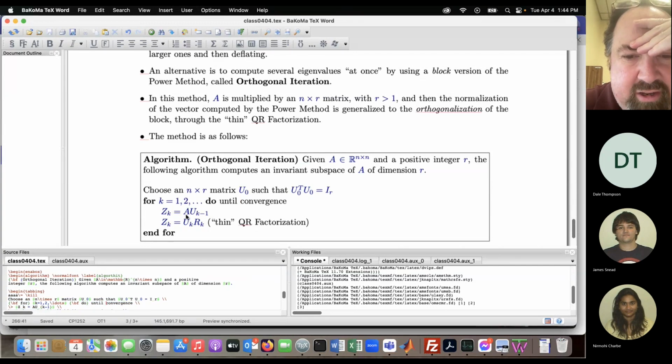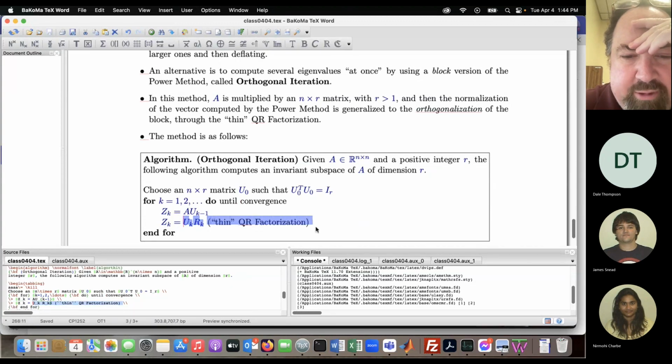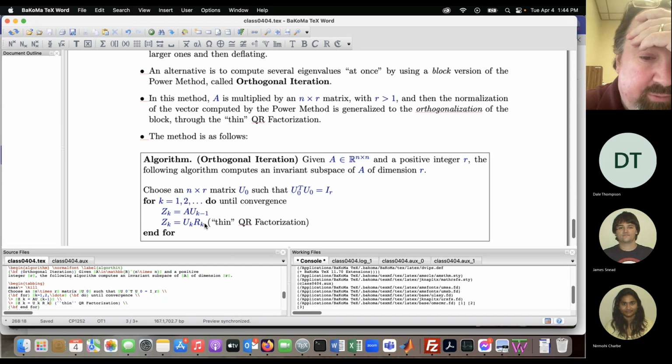So you multiply your U matrix by A, and then that matrix that comes out of it, you perform the thin or economy size QR factorization. So that means that UK is the same size as ZK, and then RK is a square matrix with R rows and columns. And we don't really care about RK in this case. We just want this orthogonalized version of ZK to set up the next iteration.